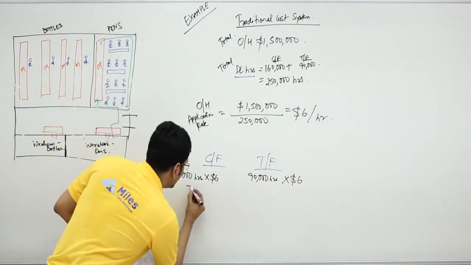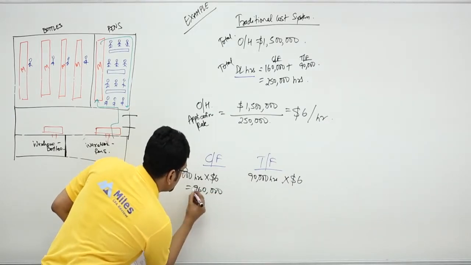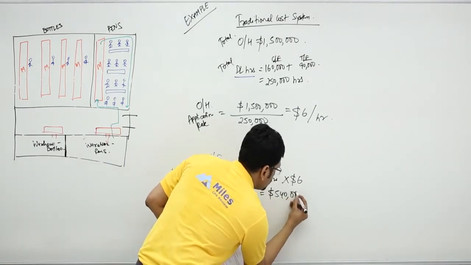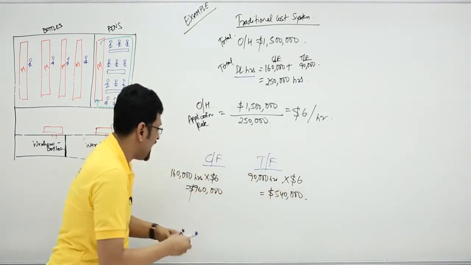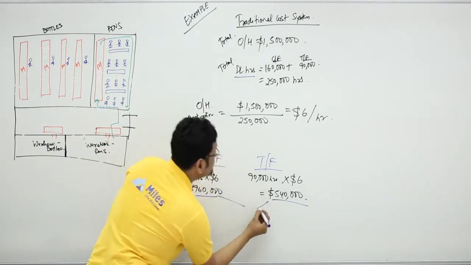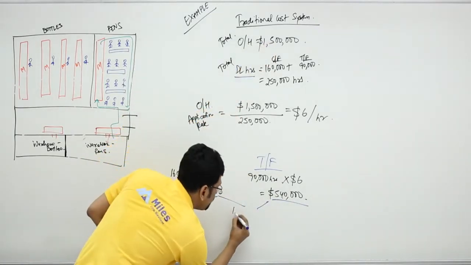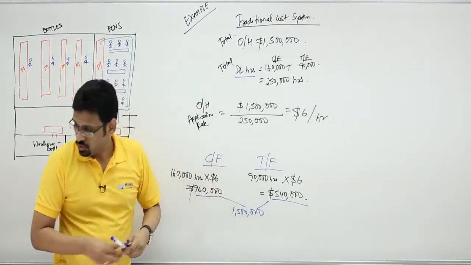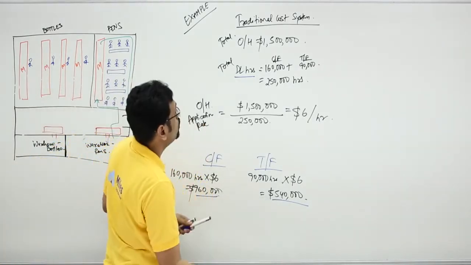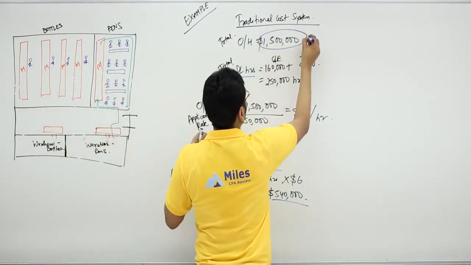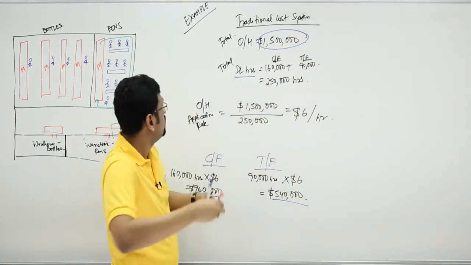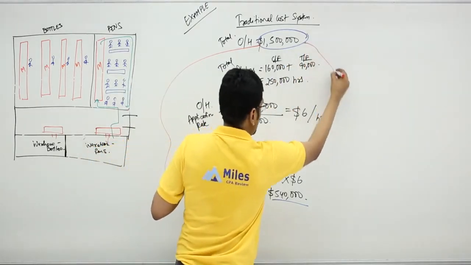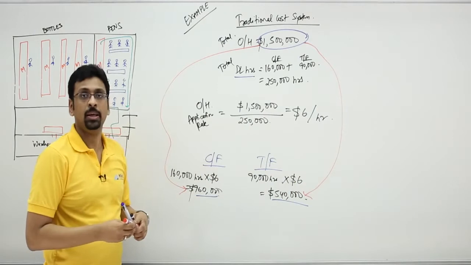This one becomes $960,000 and this one is $540,000. If you do 960 plus 540, that's $1.5 million. So we've allocated that between ceiling fan and table fan. This is the overhead number that we have allocated between ceiling fan, 960, and table fan, 540.